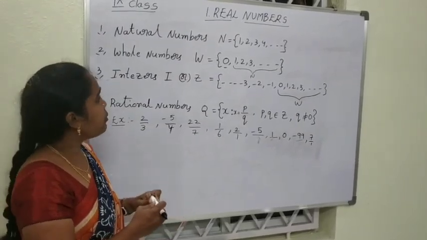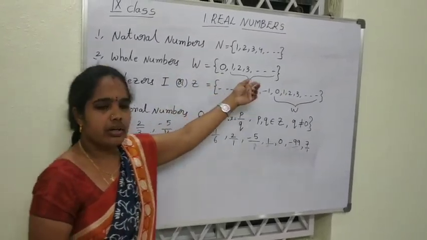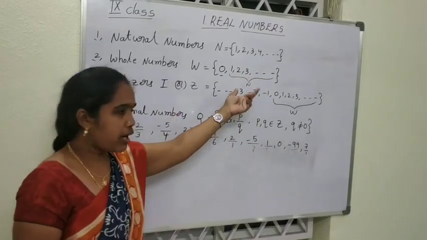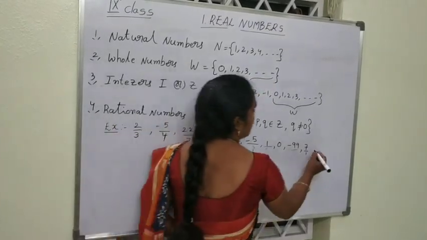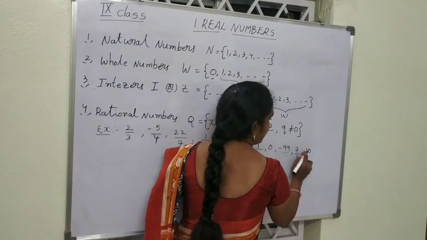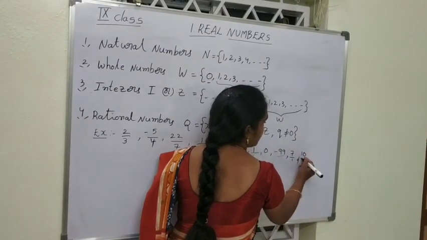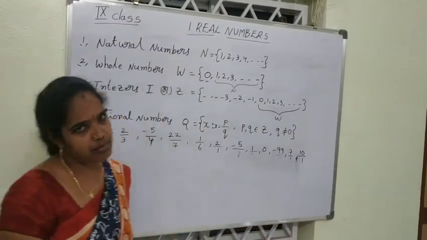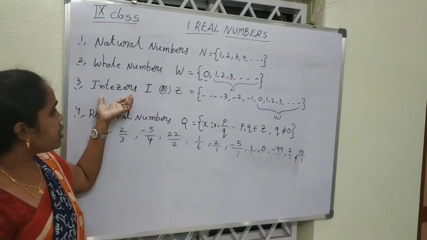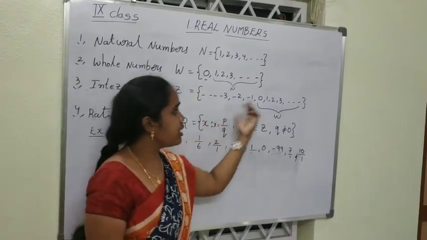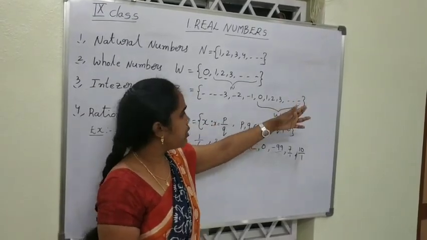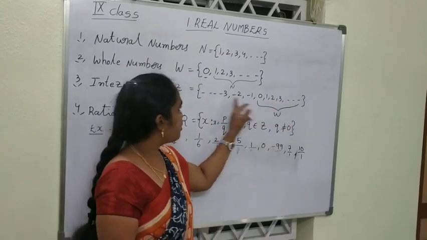Next, in whole numbers take any one number, suppose 10. Is 10 a rational number or not? Yes, because we can write 10 by 1. Okay, come to integers. In integers take any one number, either positive or negative.